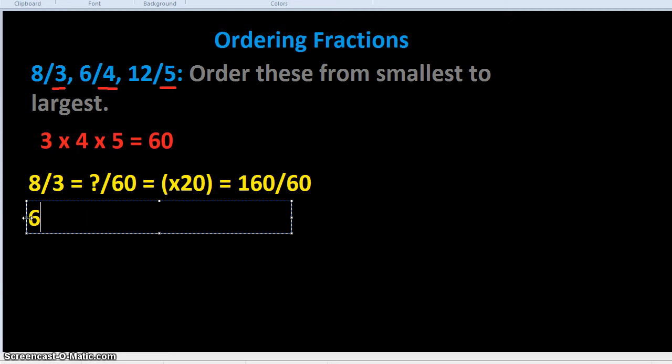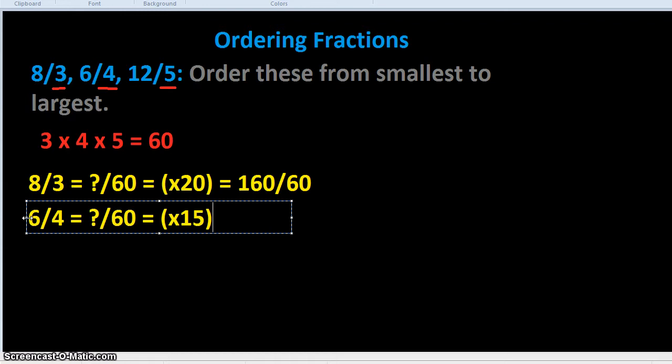What about 6/4? What number do we have to multiply top and bottom by to get something over 60? Well, with 4, we need to do 10, 15. I think my mental maths is right there. So if we times 4 by 15, we get 60.